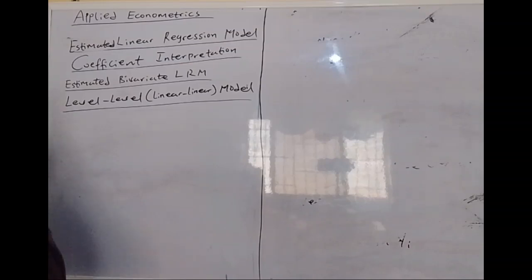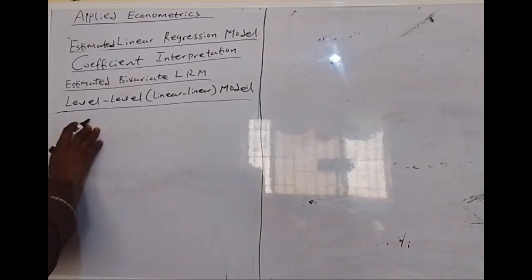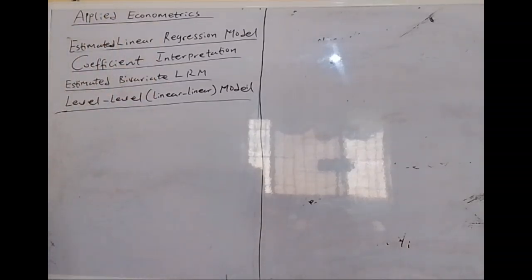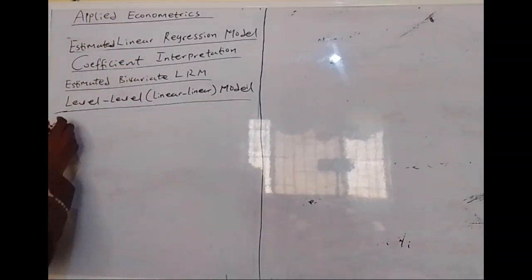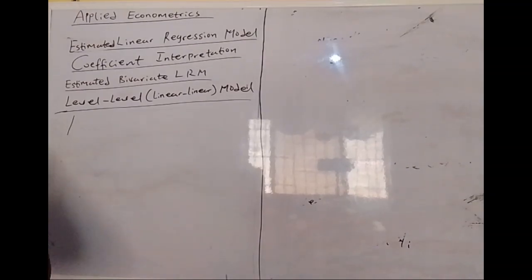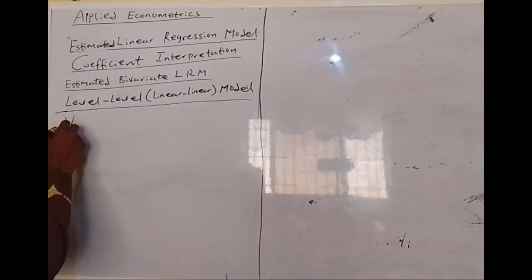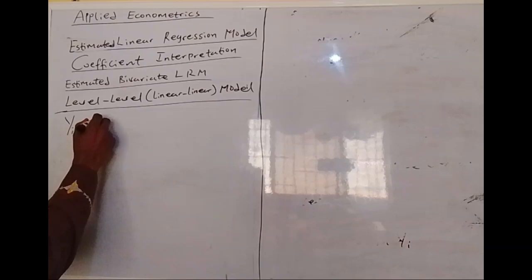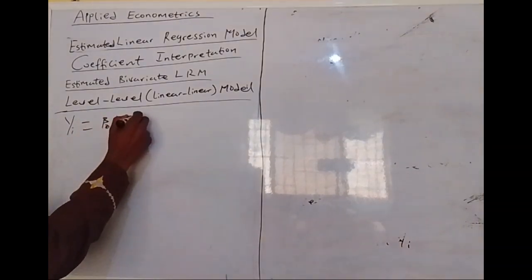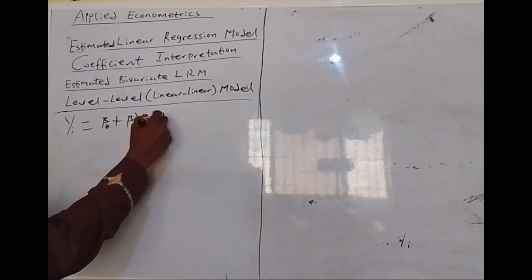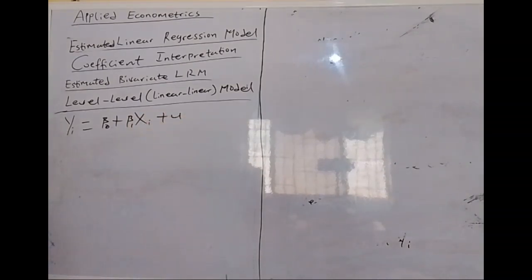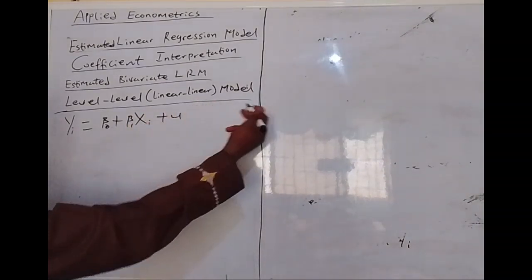Let's assume we have a simple linear regression model at level, in the sense that none of the variables is log. So let's say we have y equals beta naught plus beta 1 x plus u. This is the population regression model.